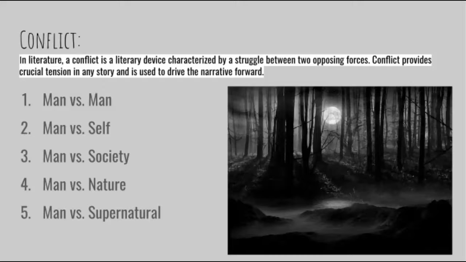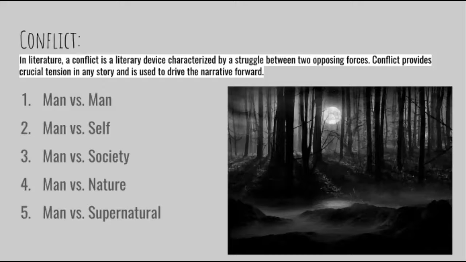Also, and something that we're going to be running into often as we're moving through this unit, are characters that seem to be hallucinating or that are paranoid when they're making up things to be scared of. That is another example of the conflict type that fits under man versus self.